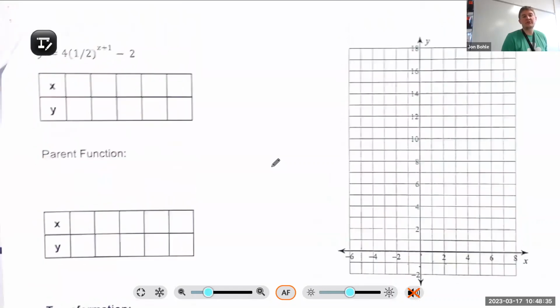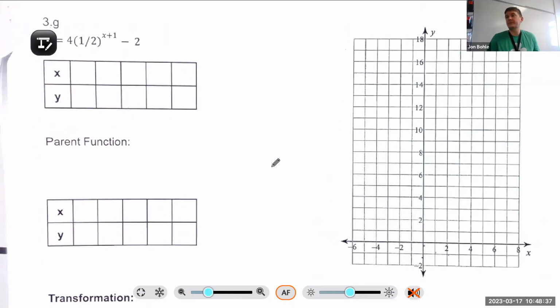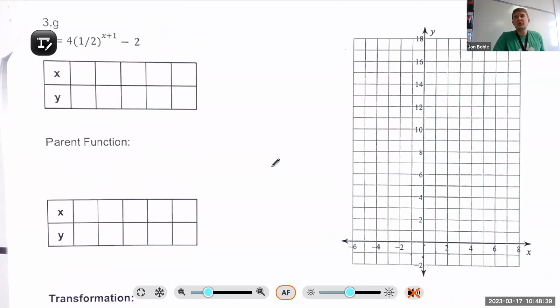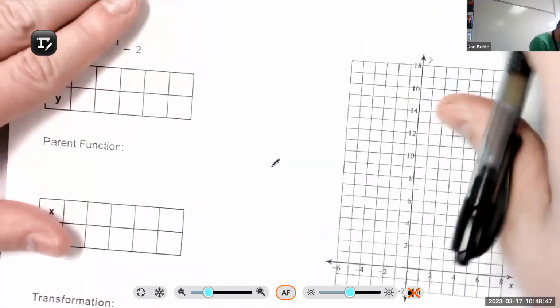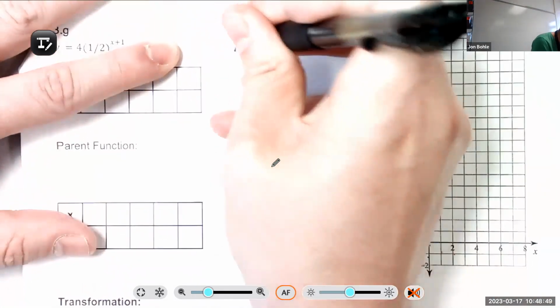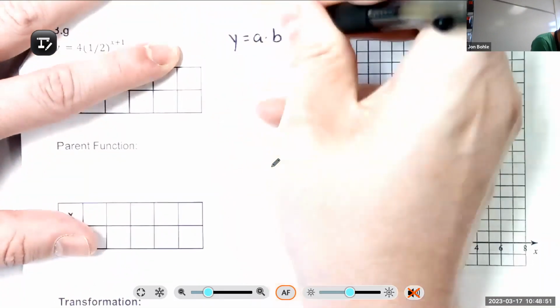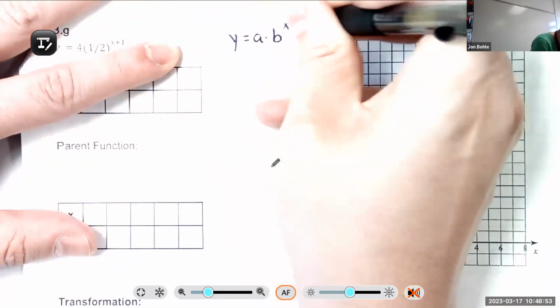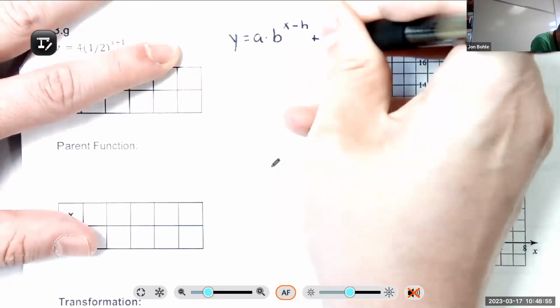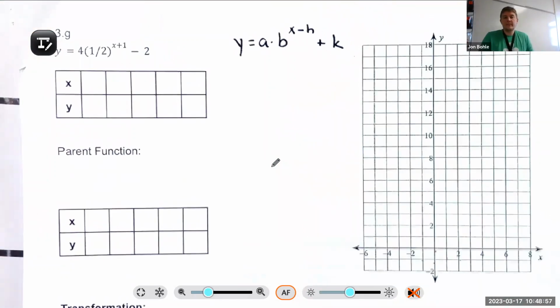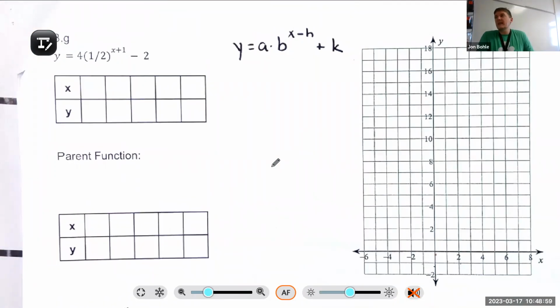This is what your learning target and your test work is going to look like. Should look pretty similar. Remember, the general form these exponential functions are in is y equals a times b to the power x minus h, plus k. That's a lot of stuff.